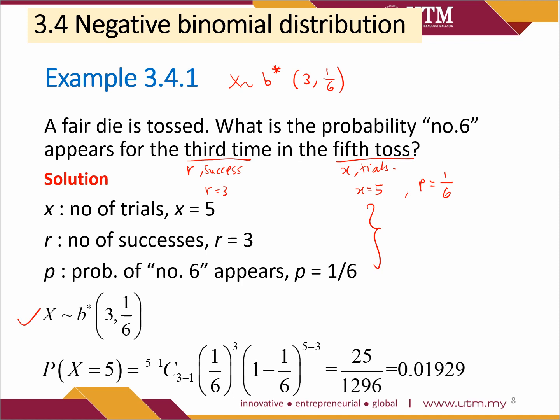So we have 5 minus 1, C, 3 minus 1, given this 5 is our X, this is our R. So P to the power of R, and then 1 minus P to the power of X minus R. And you will get the answer, which is this. So the probability of getting 6 for the third time in the 5th toss would be equal to 0.019.